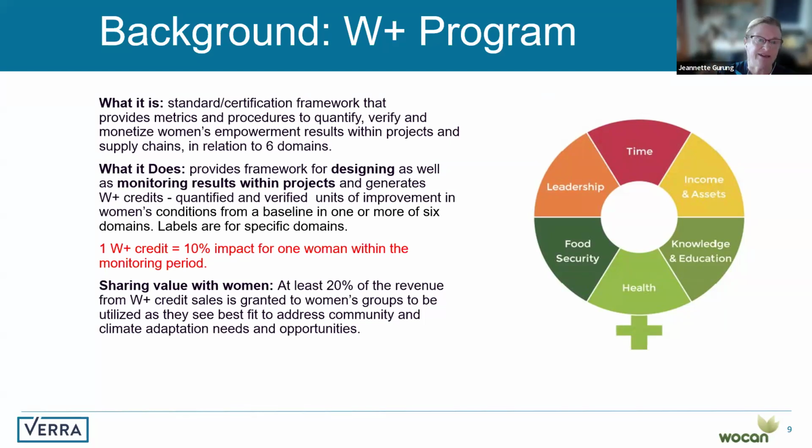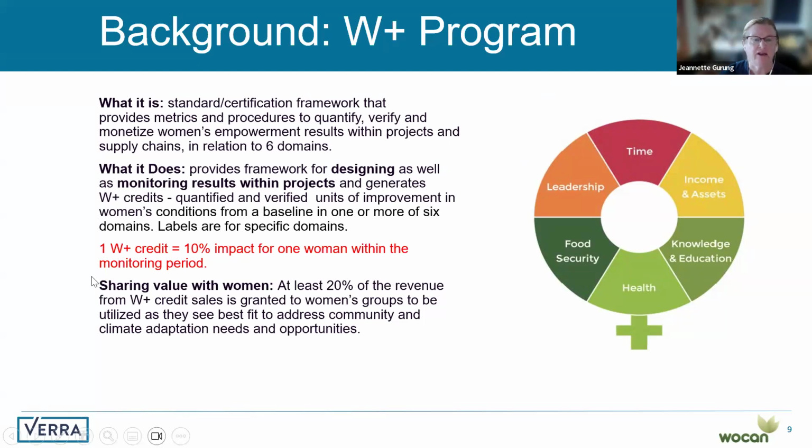And for every 10% of change. So if you had a cook stove project that made a 67% increase in women's time saving, for example, you would get 6.7 W+ credits times the number of women that were being benefited from that intervention.